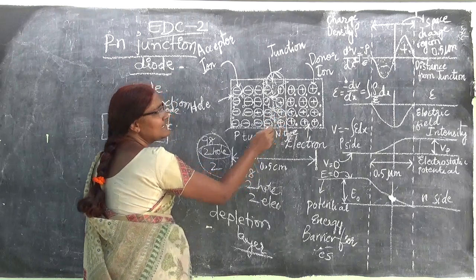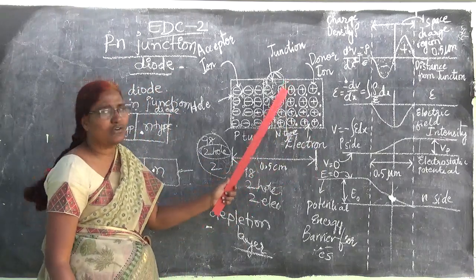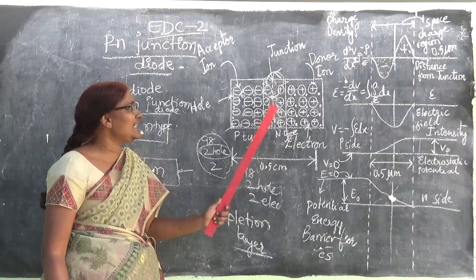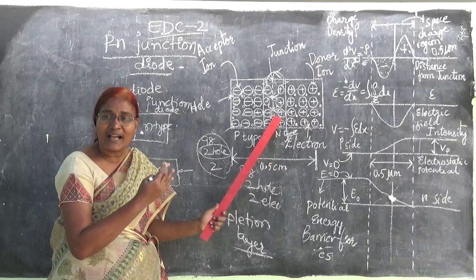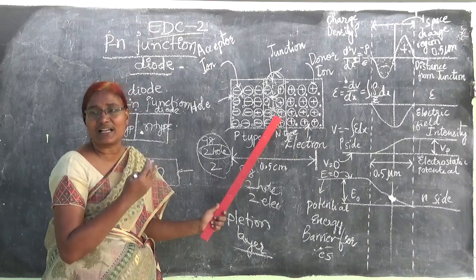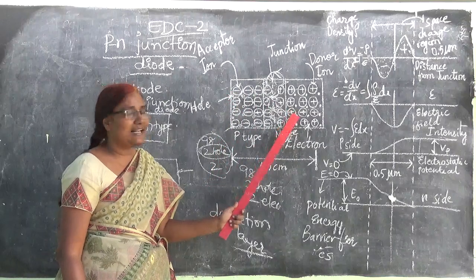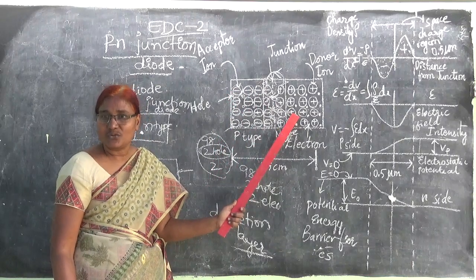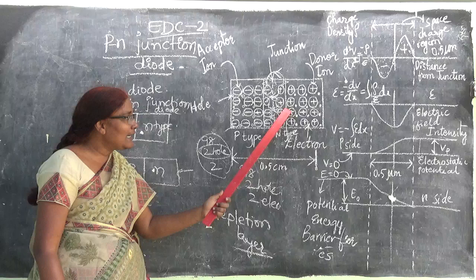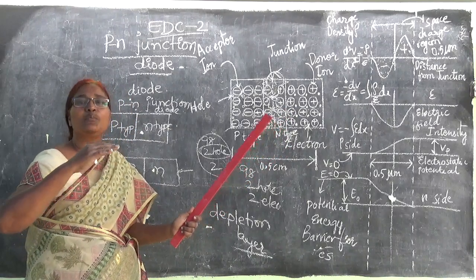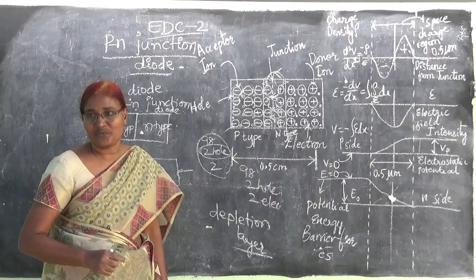It will create an electric field. So this electric field will oppose the further crossing or further movement of the holes from this side and electrons from this side. So what happens here? The variation in the electric field will produce a voltage.